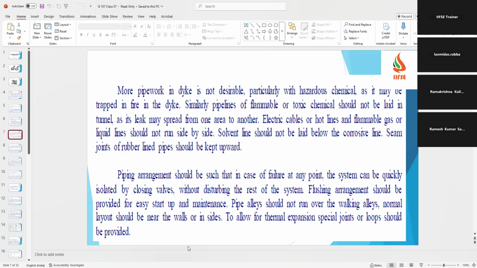Pipe alleys should not run over the walking alleys. A normal layout should be near the walls or the sides to allow thermal expansion. Special joints or loops should be provided. Walkway alleys, so in the sense, the pipelines should not be provided over the walkways.